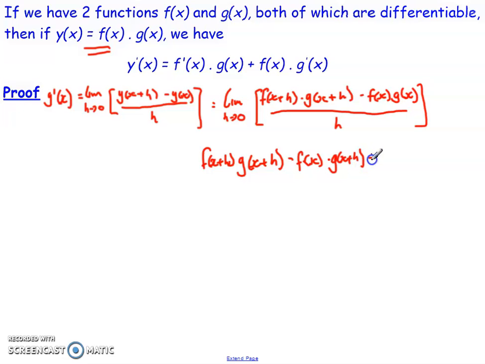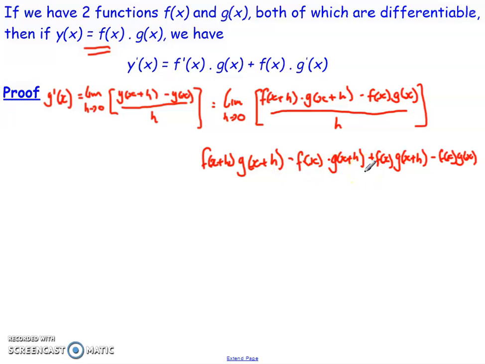I'm then going to add it so it cancels out ultimately in my final calculation. So I'll get f of x, g of x plus h, and then my final part of the function, take away f of x, g of x.